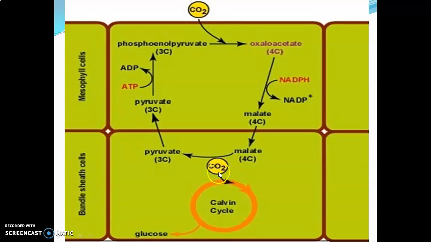This CO2 is accepted because the Calvin cycle continues in the chloroplast of the bundle sheath cells. In the Calvin cycle, ribulose bisphosphate accepts the carbon dioxide released from the decarboxylation of malic acid into pyruvic acid, forming 3-phosphoglyceric acid, the first stable compound of the Calvin cycle, in the presence of the enzyme ribulose bisphosphate carboxylase, or Rubisco.